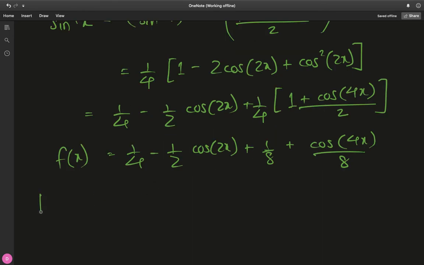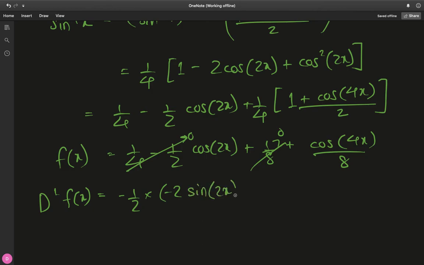So it's time to take the first derivative now of f of x. We have to take two derivatives. So anyways, the constants will go away to 0. Sorry, 1 over 4 and 1 over 8, not this half, will go to 0. The derivative of negative half cosine of 2x is going to be minus half times minus 2 times sine of 2x.